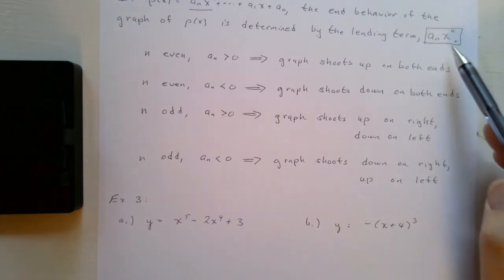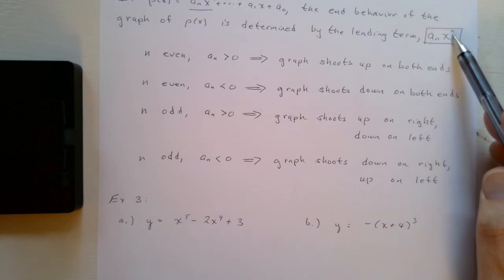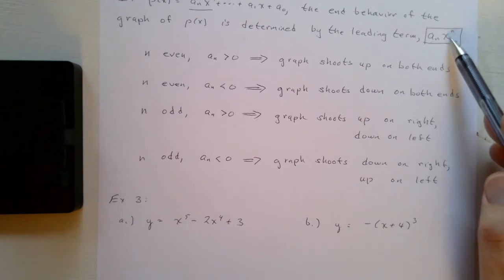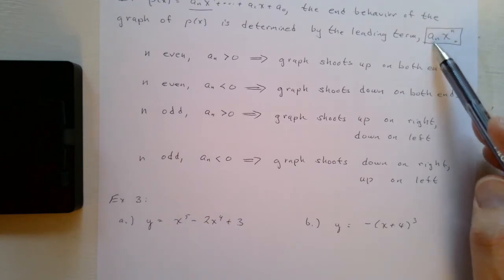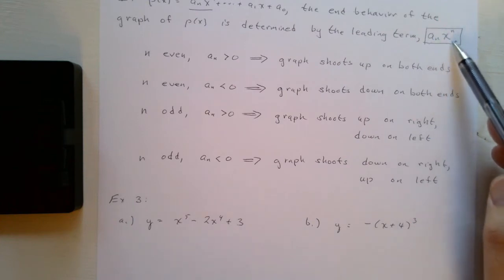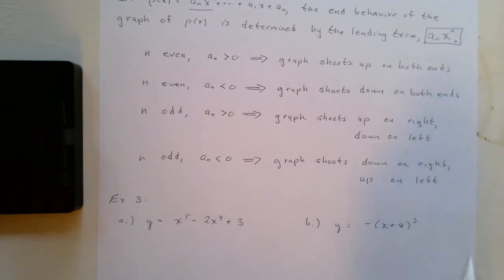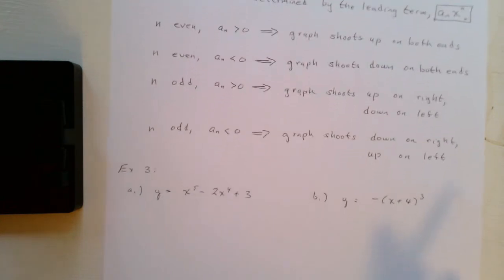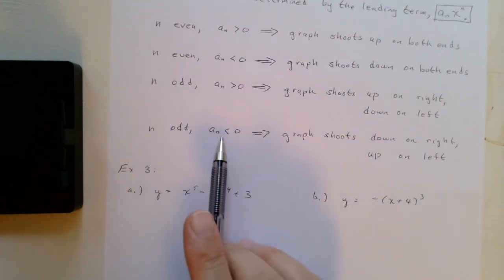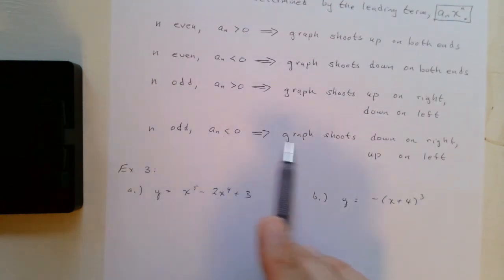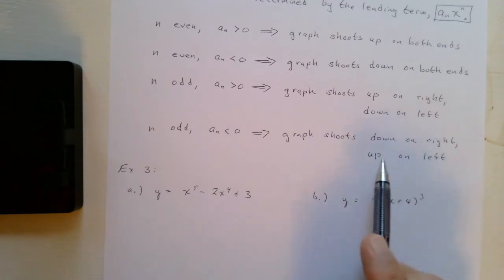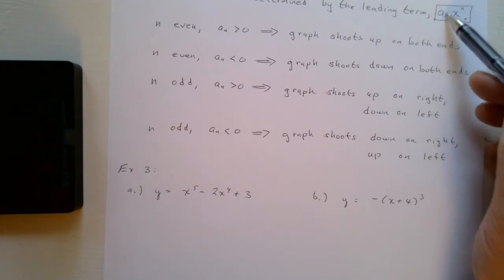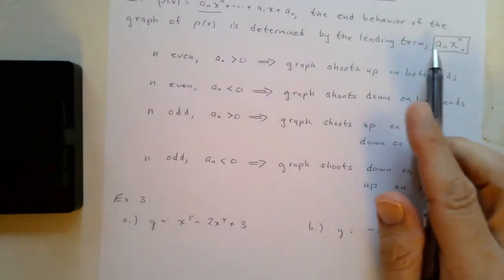But on the left, x is negative, and x to the n is going to be negative. And if a sub n is positive, a positive times a negative is negative. So that's why it shoots down on the left. And then, conversely, if n is odd and a sub n is negative, the graph will shoot down on the right and up on the left, because now everything will be reversed. We're changing the sign of this leading coefficient here.